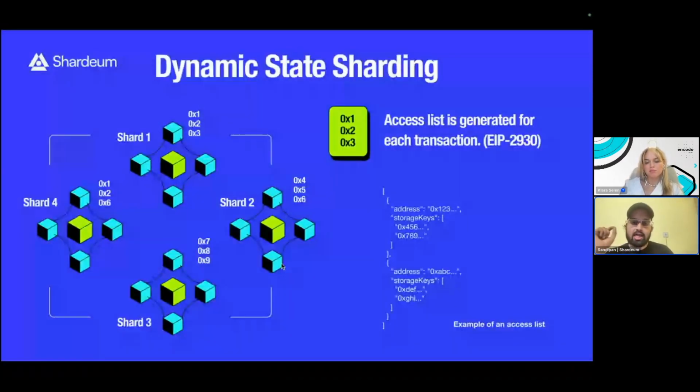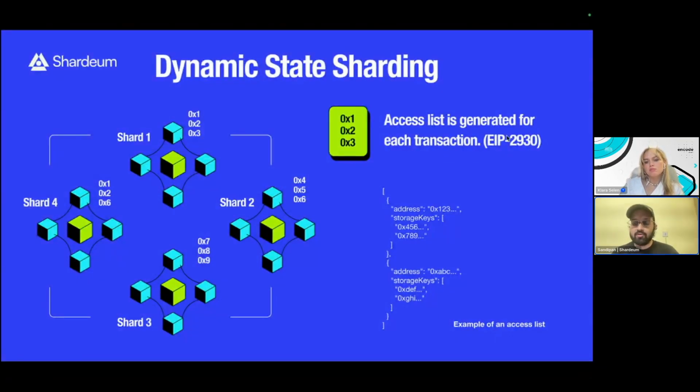Dynamic state sharding is the key innovation Shardeum is bringing to the EVM network. Instead of having the entire network process every transaction, we have shard one, shard two, shard three, shard four. When you send a transaction to Shardeum, each transaction creates an access list.